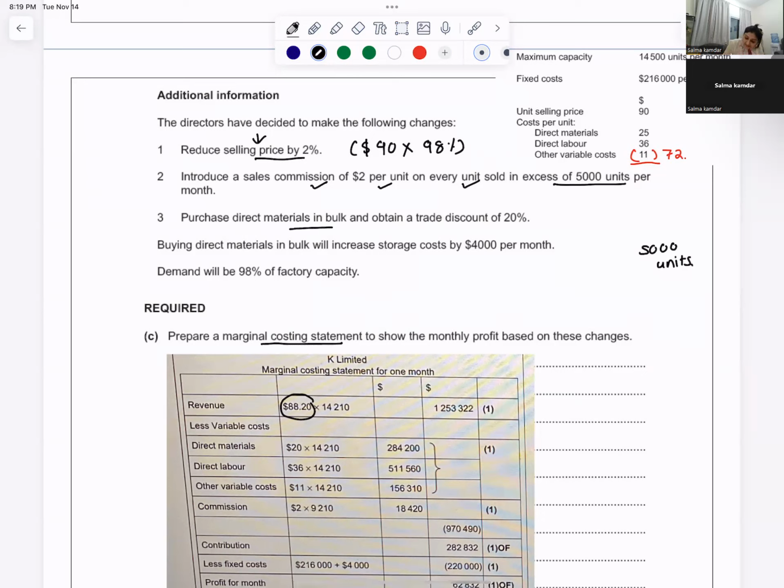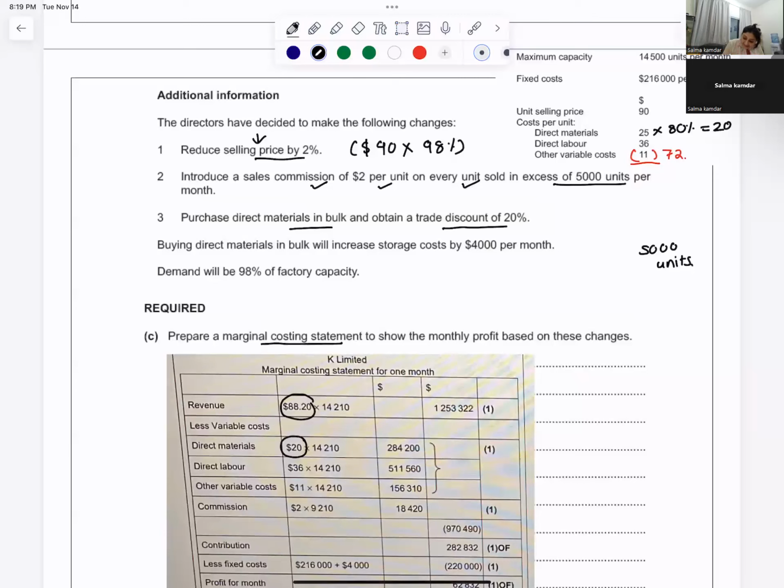Purchase direct material in bulk and obtain a trade discount of 20%. That means I am going to pay 80% of 25. So 25 into 80% is going to make it 20. So the direct material cost will become 20.